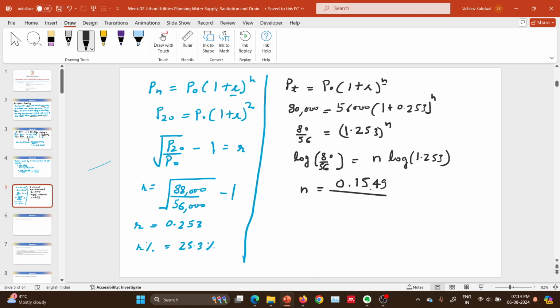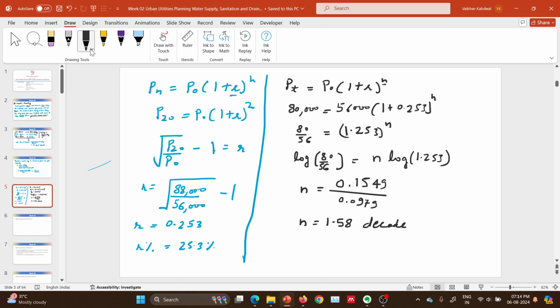So here we can calculate n as log of 80 over 56, which is 0.1549, divided by log 1.253, which is 0.0979. That gives 1.58, so n equals 1.58 decades.